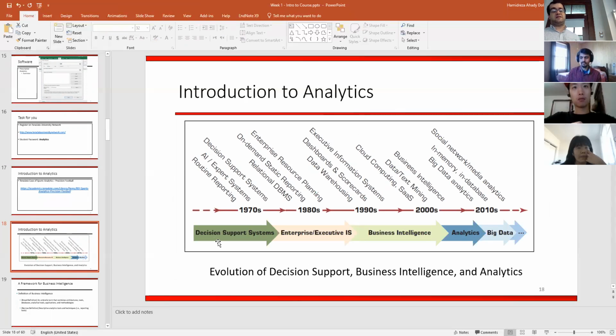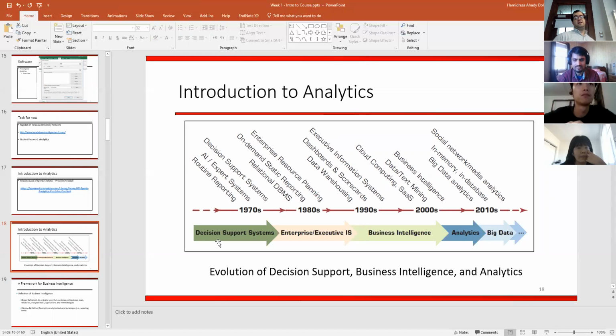But okay, let's look at the history of business analytics. Modern analytics started around 1970. People tried to use data for supporting decisions, which they called decision support systems. They used early, very basic artificial intelligence models, mostly statistical models, to do prediction and find associations. In the 1980s came the first relational DBMS, which means database management system.